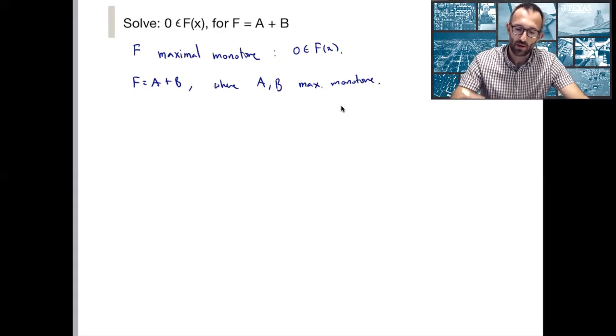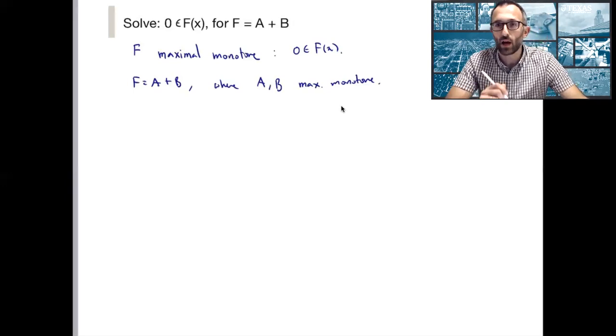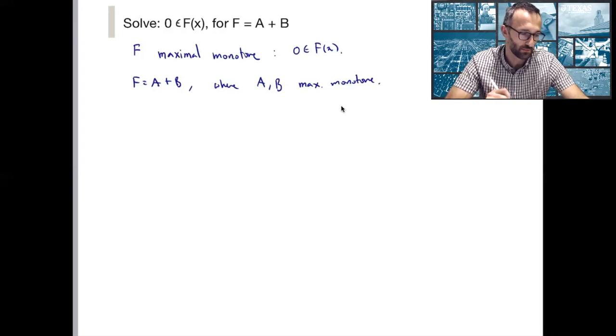Okay, so our main proposition is that we can use the Cayley operator in order to solve this set of generalized equations, 0 is an element of f of x in the setting where f is equal to a plus b, and get to enjoy operator splitting.